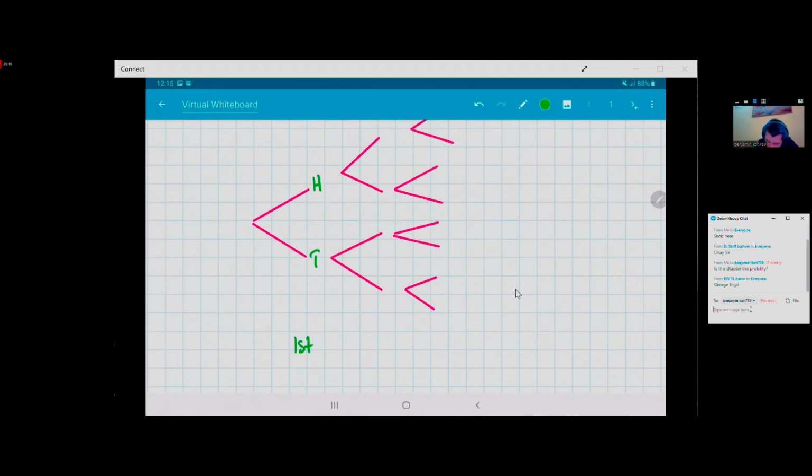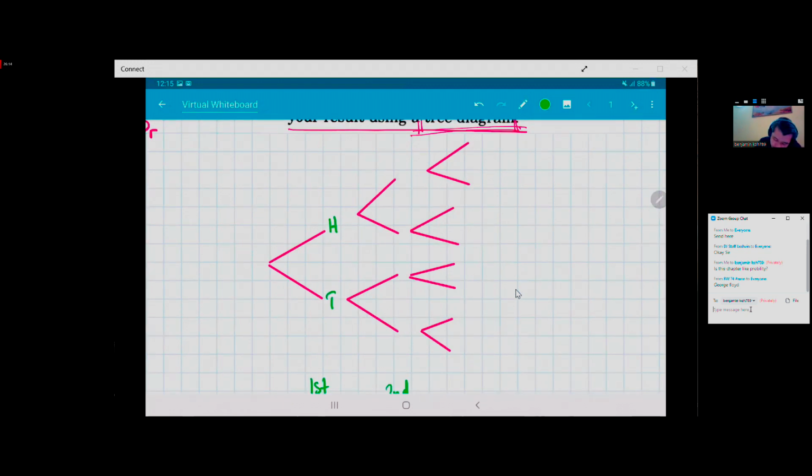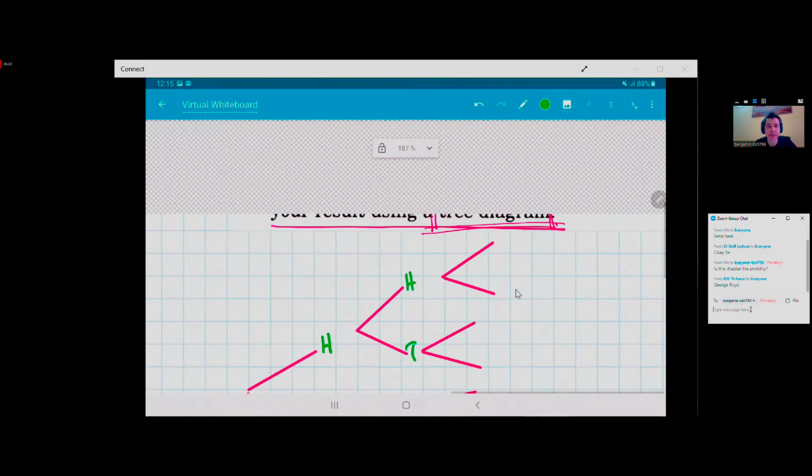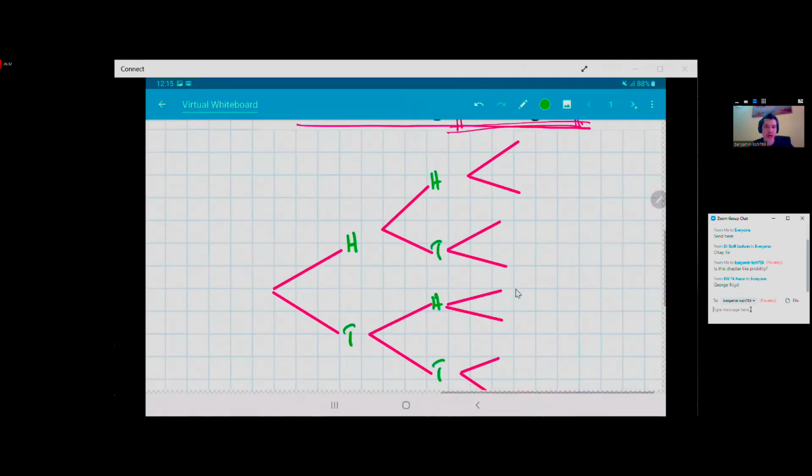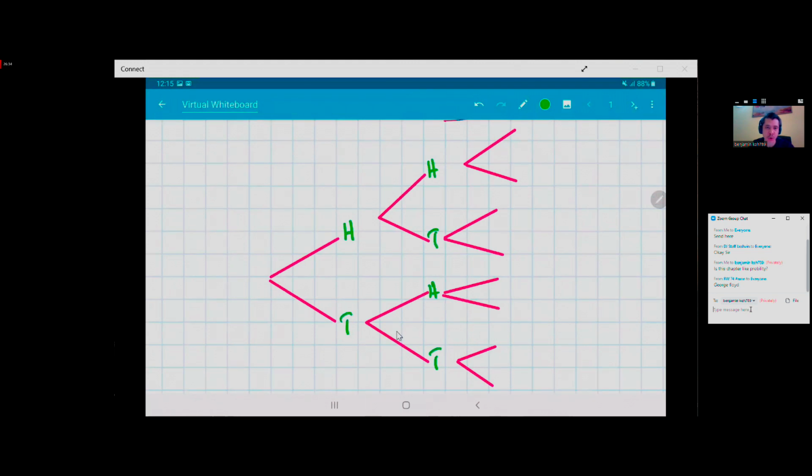Bagi lambungan yang kedua, the second toss, we can also get heads and tails. But why got dua cabang there is because, katakan kalau you dapat heads the first time, then the second time you got 2 more possibility, betul tak? Or if you get tails the first time, then the second time you've got another 2 more possibility. Terdapat lagi 2 kemungkinan. Boleh faham tak?